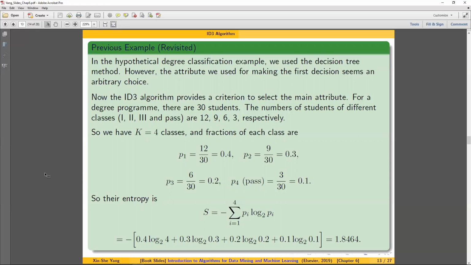And we know that there are 12, 9, 6, and 3 students who get those marks respectively, so that we can get P1, P2, P3, and P4. Based on those probabilities, you can calculate the entropy of this example. It turns out the entropy is 1.8464.